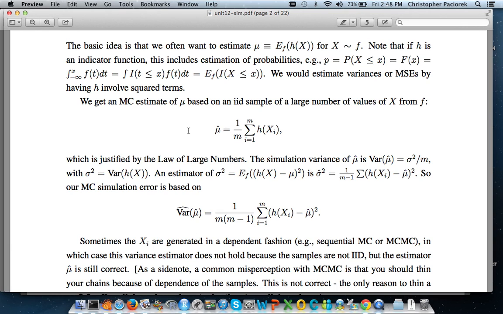So if I wanted to know how big m should be, I could compute this estimate, see how big it was, and decide if it was small enough for my purposes. And if I needed it smaller, well, the nice thing about this situation, unlike most situations where we can't easily collect more data, is that if I decide m isn't big enough, I can just go back to my computer and generate more and more columns until my error is sufficiently small that I don't need any more simulation.